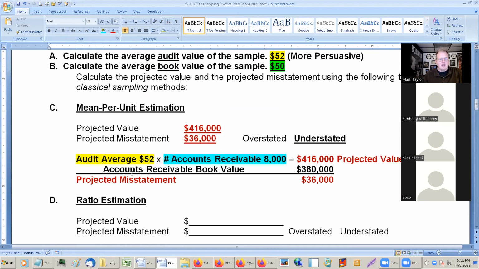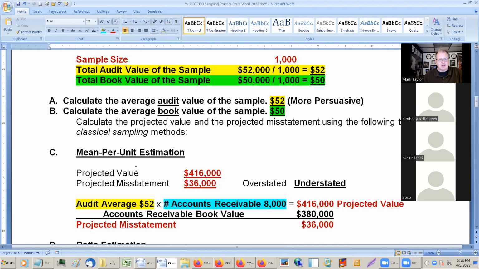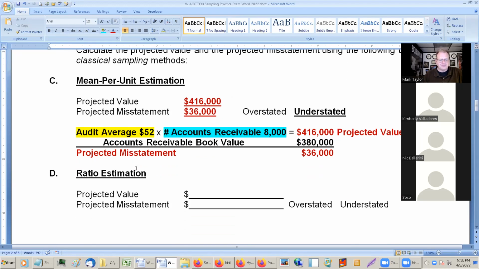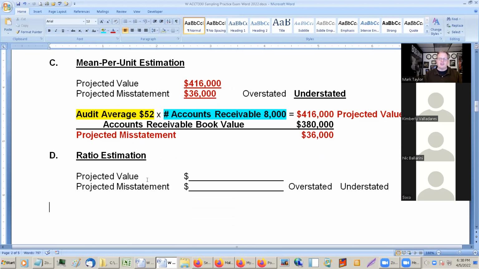All right. Ratio estimation. Okay, so ratio estimation says that everything's off by a ratio, and I'm sure I've mentioned this in the past. I think it's theoretically probably the best of them, because what it says is that large items will be off by large amounts, and small items will be off by small amounts.